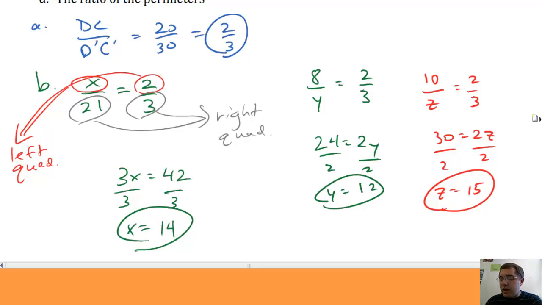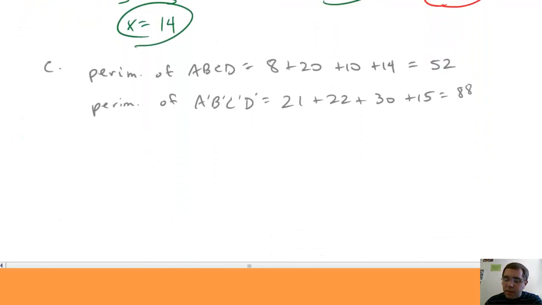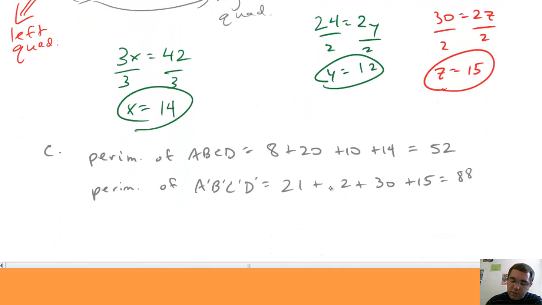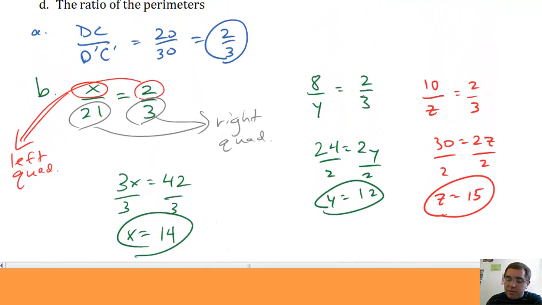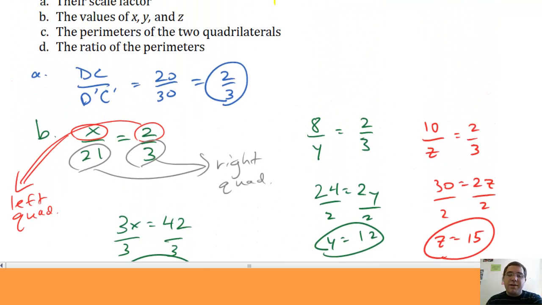So y is 12 instead of 22. So let me fix that, because that's going to affect this, which makes it 78 instead of 88. And that's important for the point I'm going to illustrate. So I'm sorry about that. Even I make mistakes.